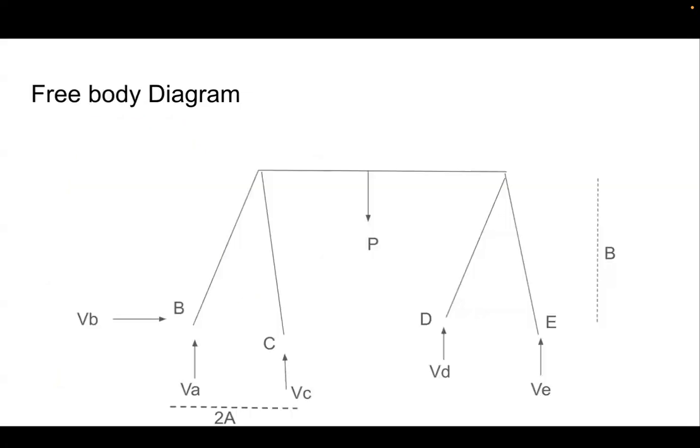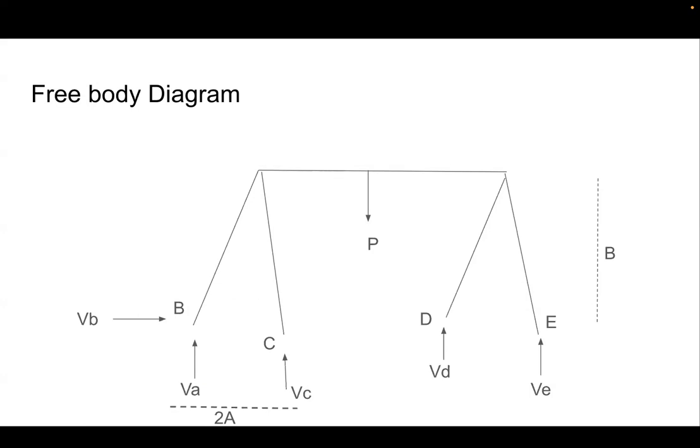Then the next one. This is our free body diagram. As you can see, we have all the forces going in the direction they're acting. P, I believe we had 180, would be going down.